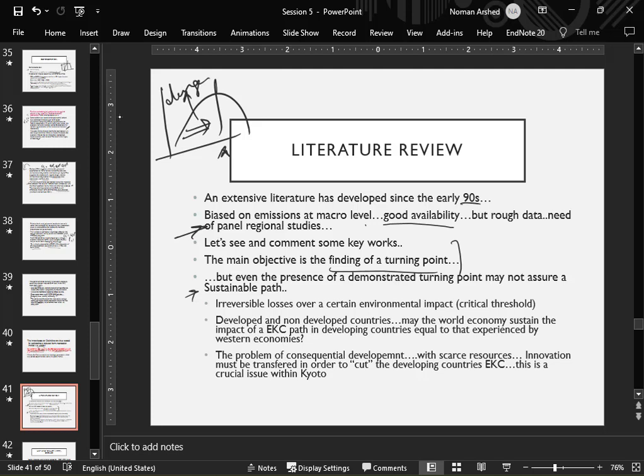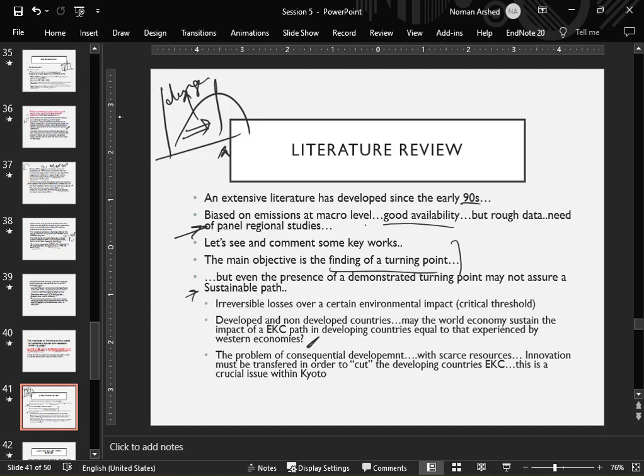Can the world economy sustain the impact if EKC paths in developing countries are equal to those experienced by Western economies? So he's trying to say that they both will take different speeds to cross this point. The problem is that consequential development with scarce resources means that when we are trying to cross, there is already some damage done.